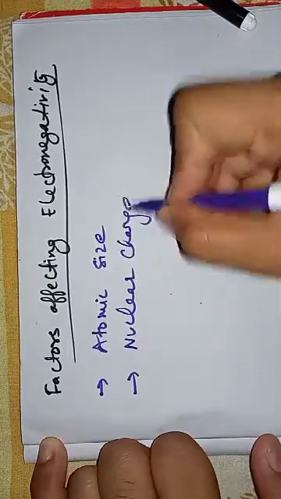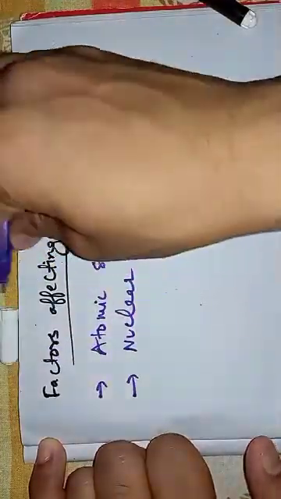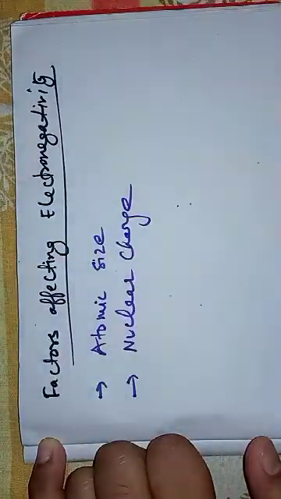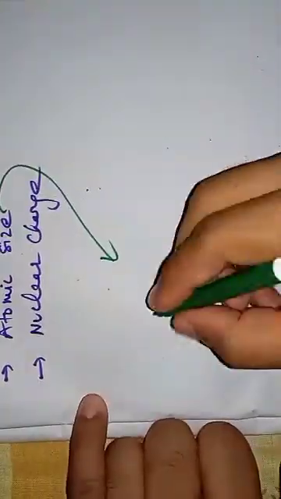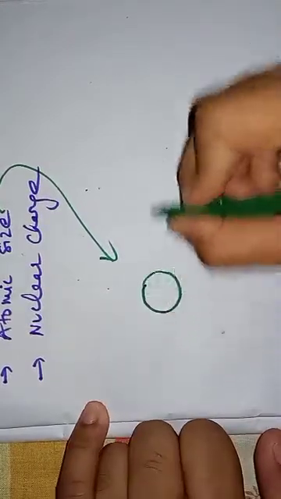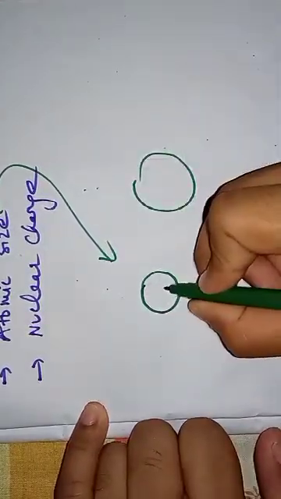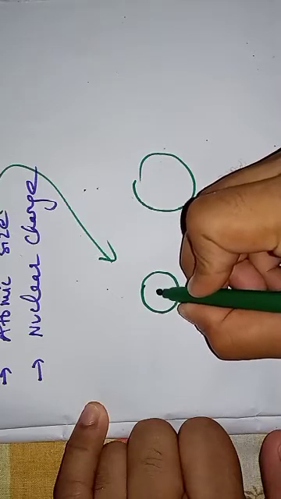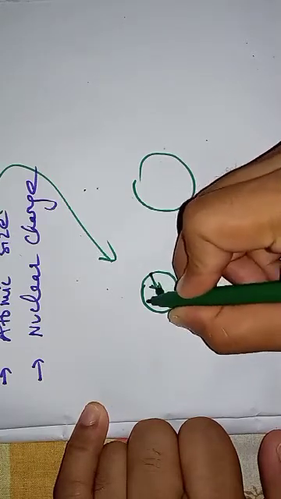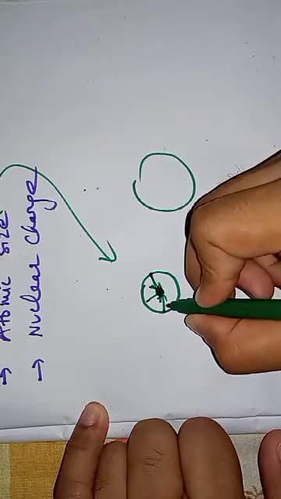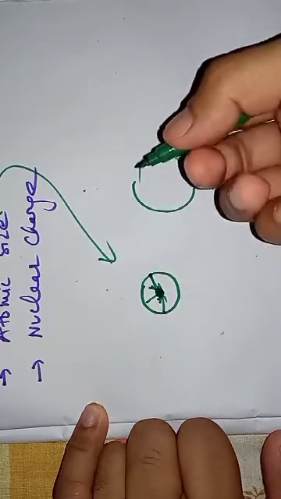Same properties, same factors. So atomic size. Smaller is the size, greater is the strength of the nucleus. That means electrons will be pulled strongly towards the nucleus, so electronegativity will be higher.